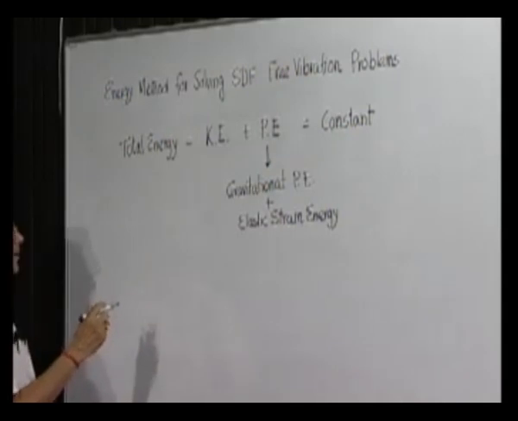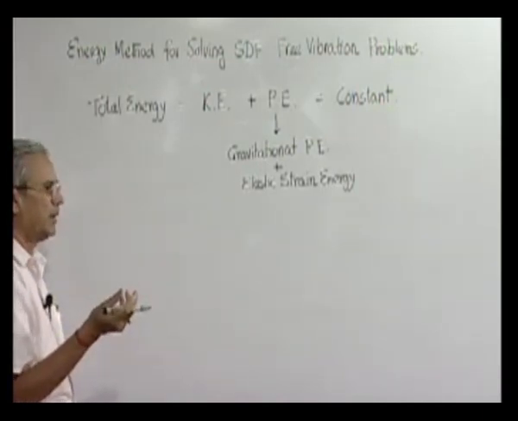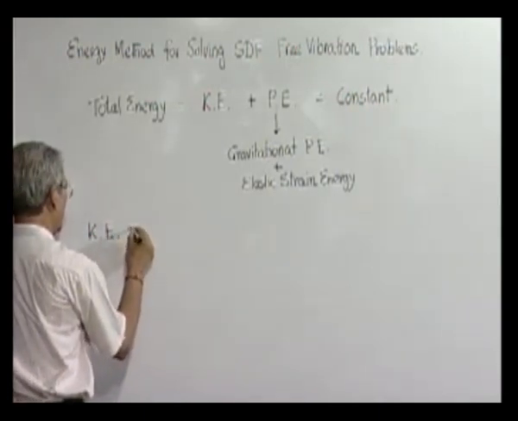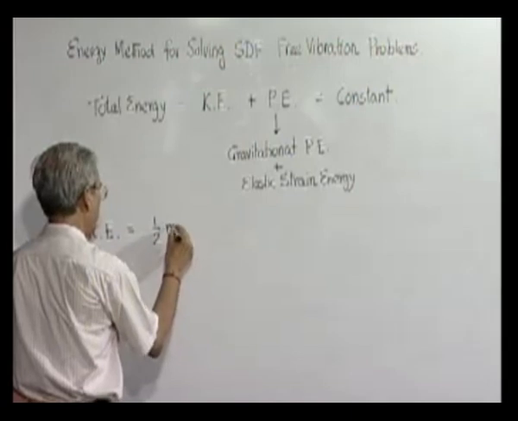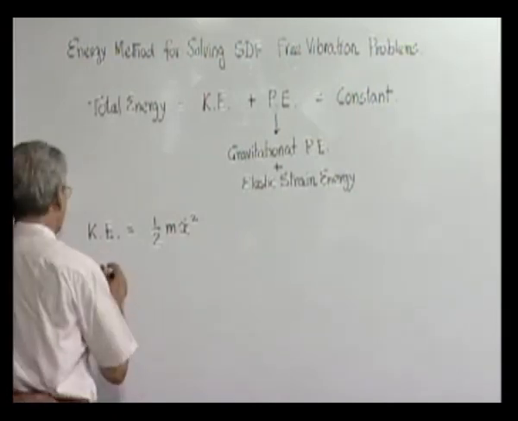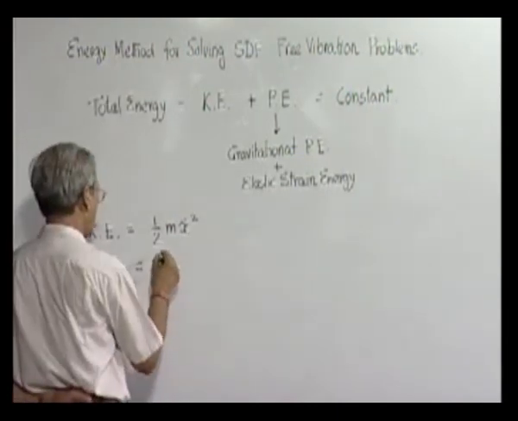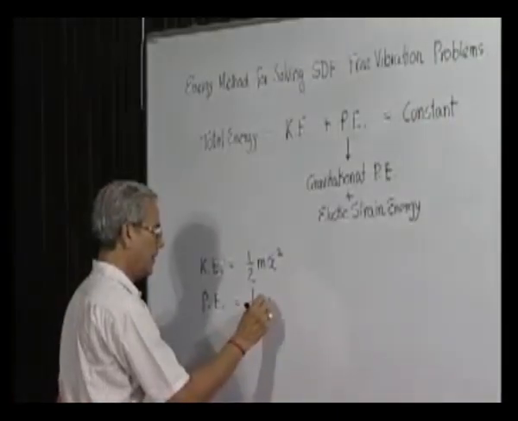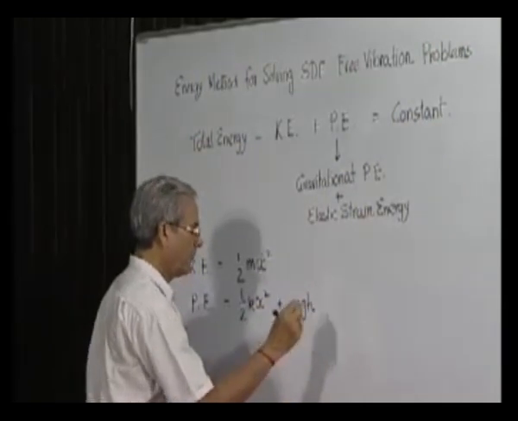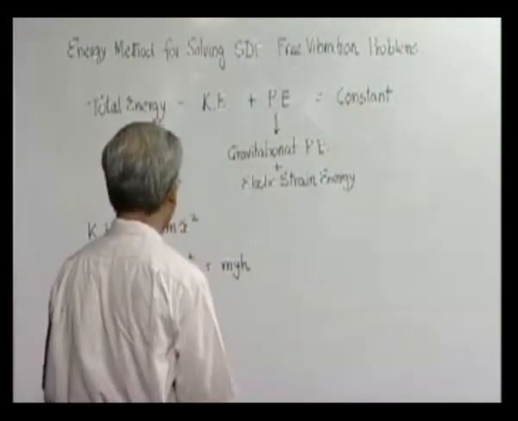So we know that for a simple single degree freedom system where the motion of the body is represented by one coordinate, the x, kinetic energy of such a body will be written as half m x dot square, where x dot is the velocity. Similarly, potential energy of a body will be half k x square plus m g h, where h is the height above the equilibrium position, g is the acceleration due to gravity.